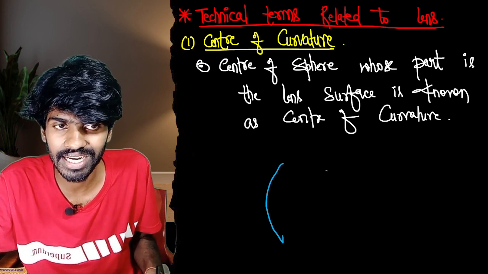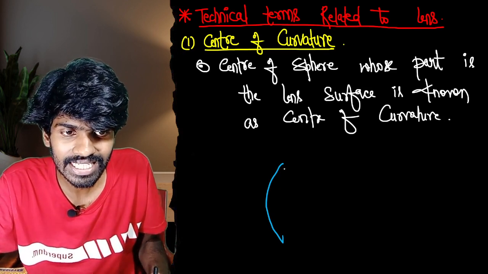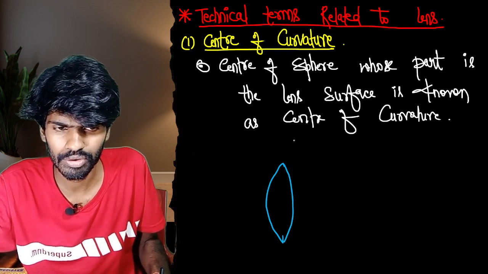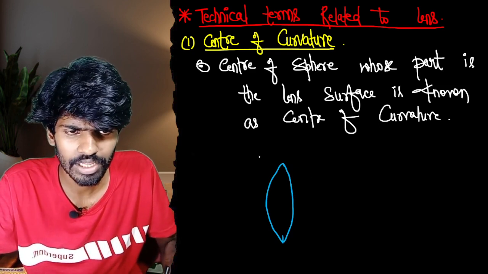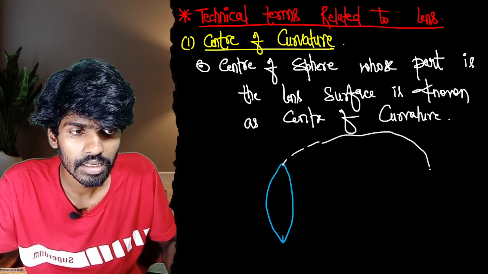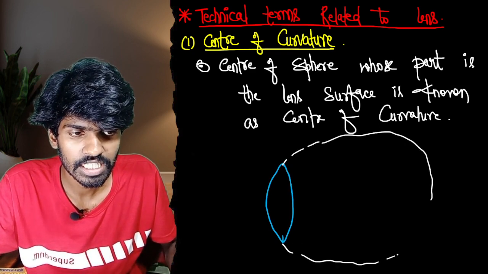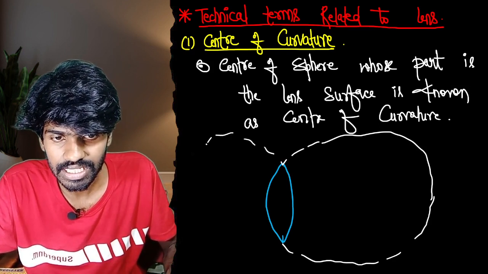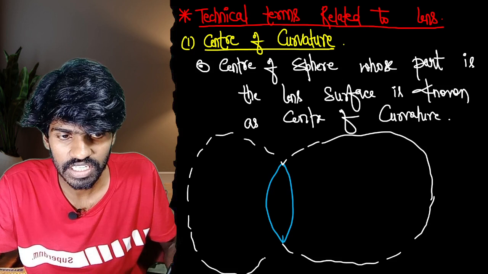The second point is the radius of curvature. So here you can see, if this is a biconvex lens, or normally you can say convex lens, this is a sphere of this part and this is the sphere of this part.